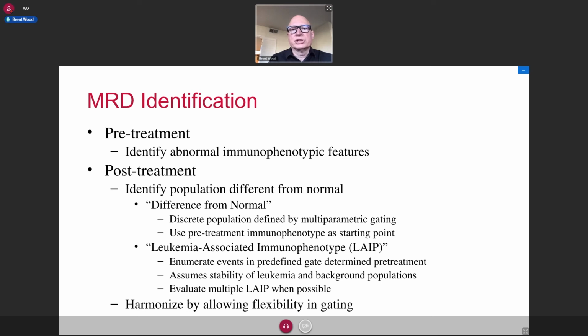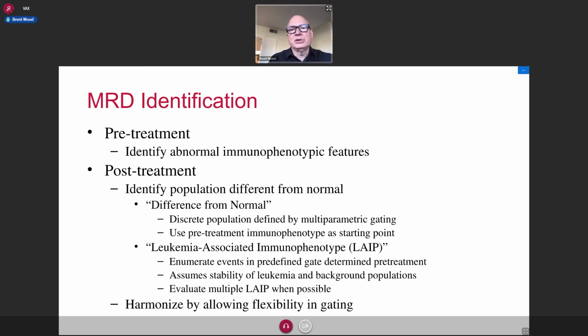Post-therapy, we'll use the same panel of reagents to identify populations that are different from normal, but there are two basic schools of thought or workflows that are often used to do this. One of them is the so-called difference from normal approach, which is essentially what I've been advocating, which is that we identify discrete populations of cells defined by multiparametric gating or analysis, and we use the pretreatment immunophenotype as a starting point, but don't rely on it exclusively.